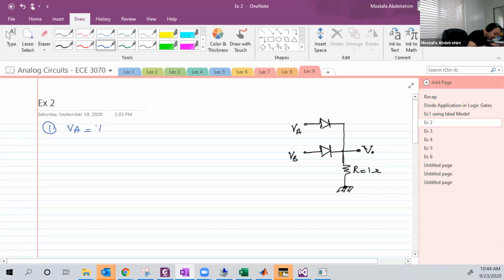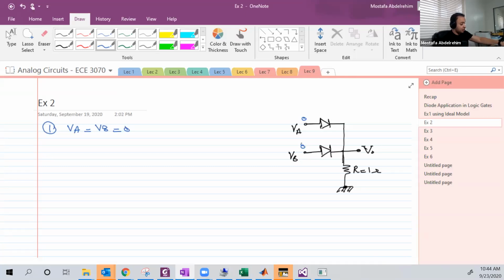So let's have the first: VA is equal to VB equal to 0. Okay, so 0 is here. Can anybody guess what will be a correct or smart assumption for the situation of DA and DB?